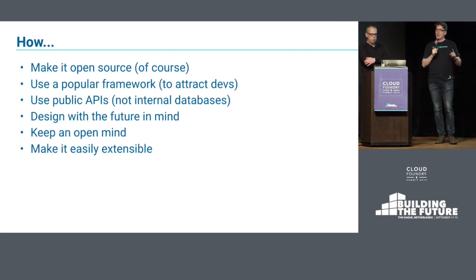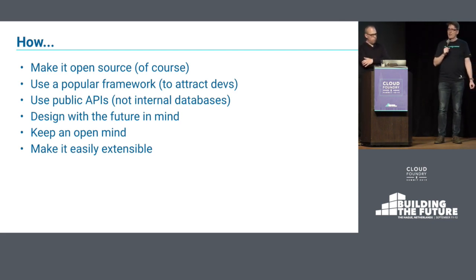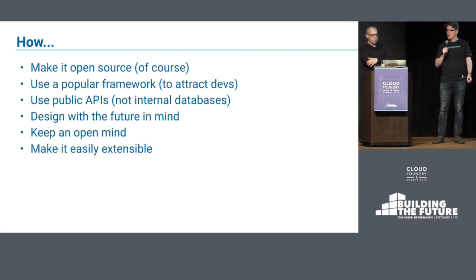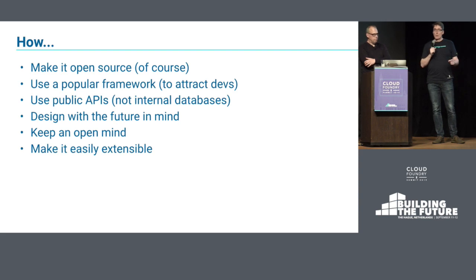But also open source in a framework, especially when we're dealing with a web UI, that is popular, that a lot of people know, so that you can attract developers to the project, especially if you can choose a web framework that people in your particular community are going to be familiar with and use. We want to design our interface with contracts that are kept between the interface and what's actually doing the work behind the scenes.